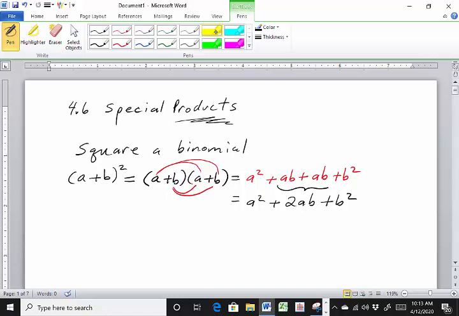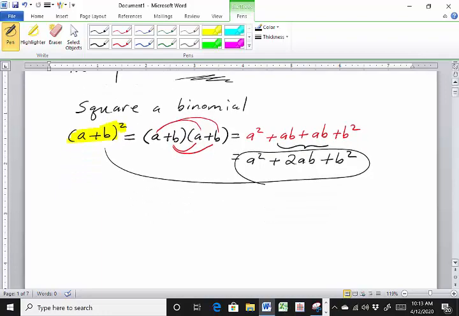So a plus b raised to the second power will always be this particular pattern right here. A squared plus 2ab plus b squared. And you might think, well, what's the big deal? I can always use the distributive law and get this answer. Well, there's actually a shortcut, and this is where the special product comes in, okay?